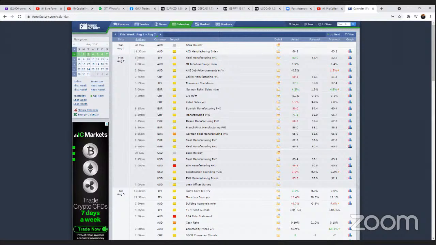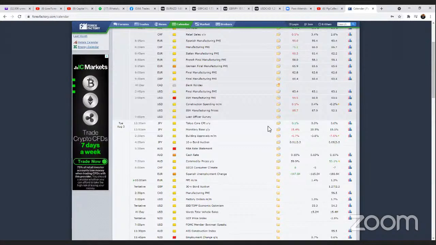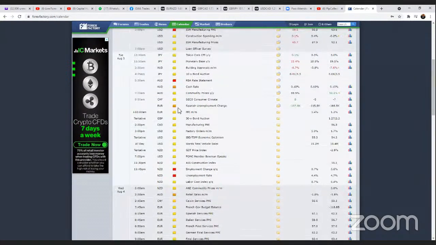So that was yesterday, Monday. That is gone now. So let's scroll a bit. This news event basically moved the market. Well, it moved Aussie related pairs, overnight.